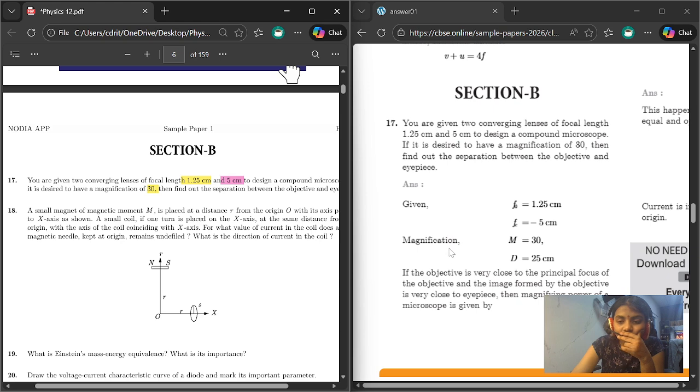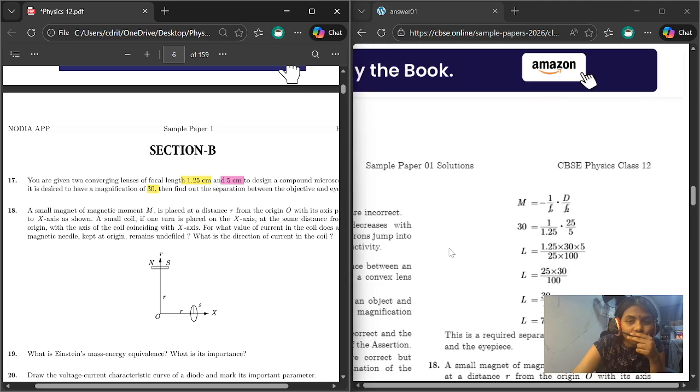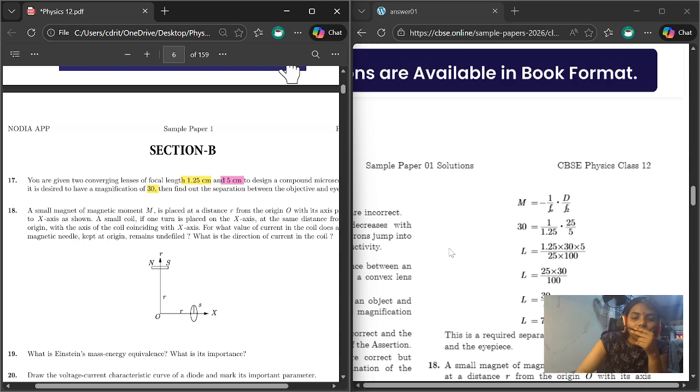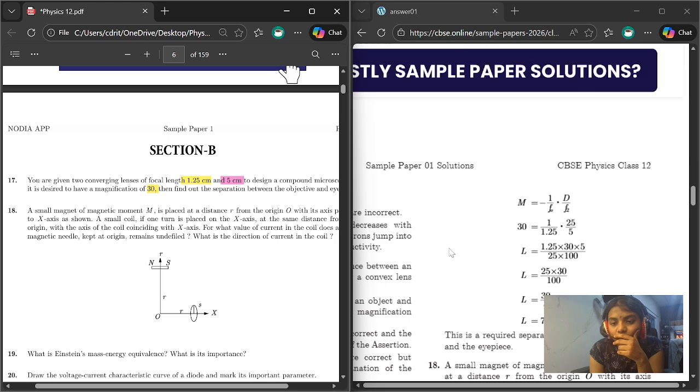I think diopter is equal to 1 by f. Okay, let's move on. M is equal to 1 by f naught into D by f e. So 30 is equal to 1 by 1.25 into 25 divided by 5.